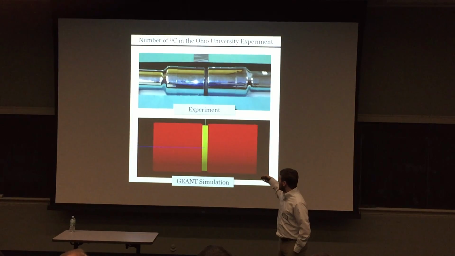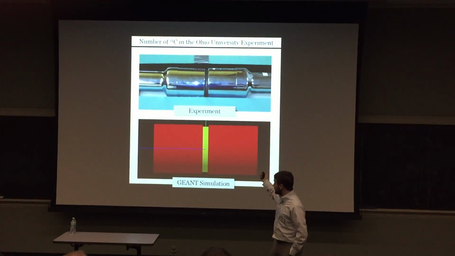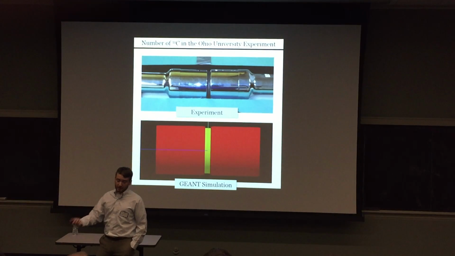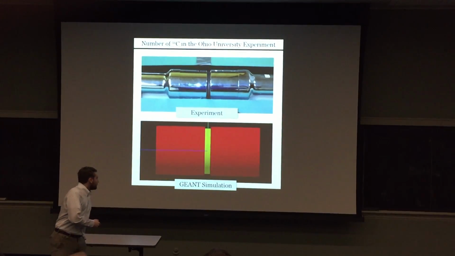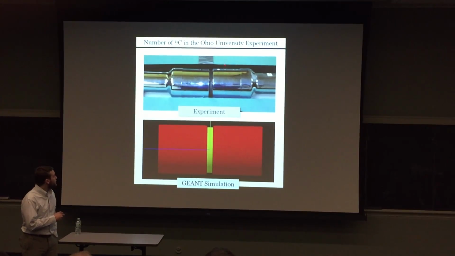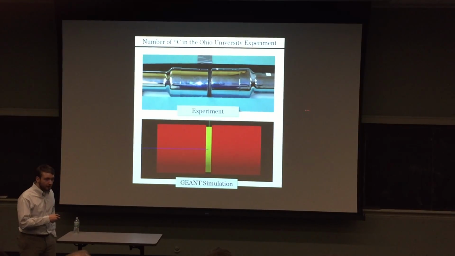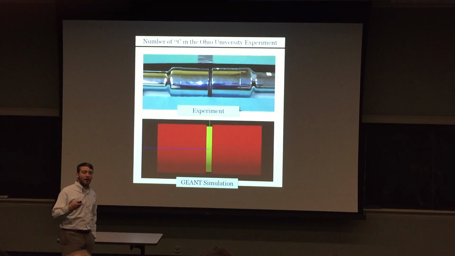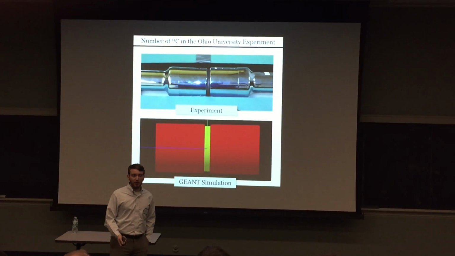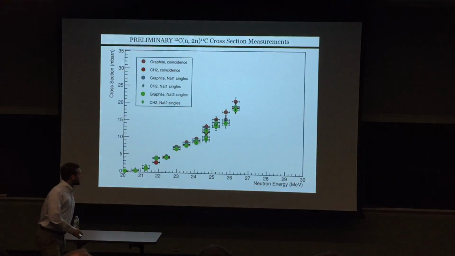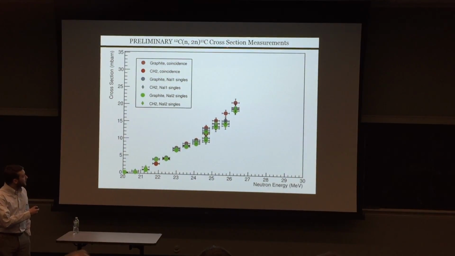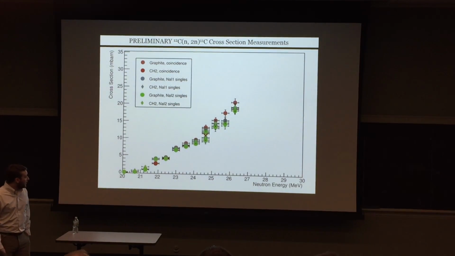Once we had calibrated our GEANT code using the experiments, we used that GEANT simulation to determine the efficiency of the original Ohio University experiment. Then we could go back and see how many carbon-11s were in the disks during the experiment. Using that information, we produced preliminary carbon-12 to carbon-11 cross-section measurements.